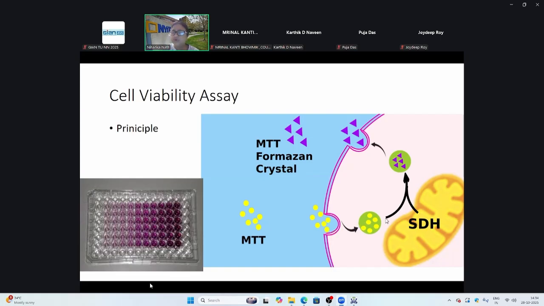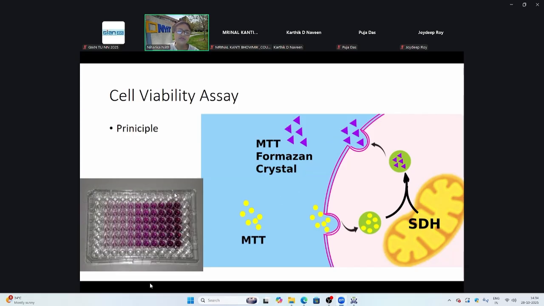Once it goes inside, the enzymes from the mitochondria convert this yellow color into purple. The name of that chemical is formazan. So formazan crystals are formed, and then the cell can be broken down, and it releases this whole purple color.